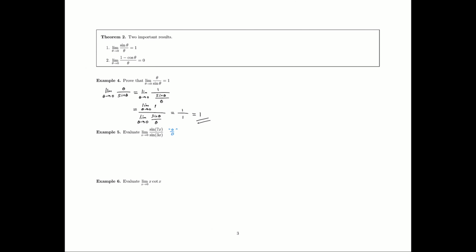So what we're going to do here is rewrite this limit, but when I rewrite it, I'm going to put the sine of 7x by itself in the numerator of a fraction, and I'm going to put the sine of 3x by itself in the denominator of a fraction.